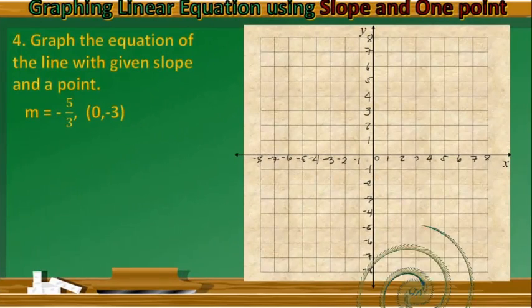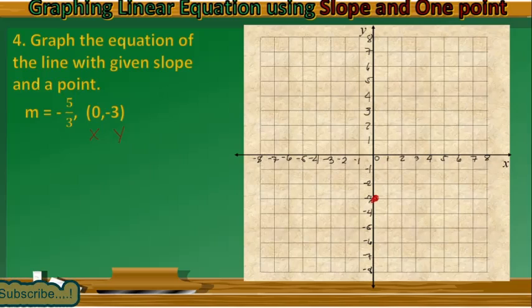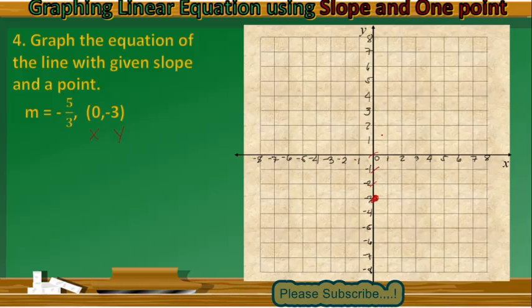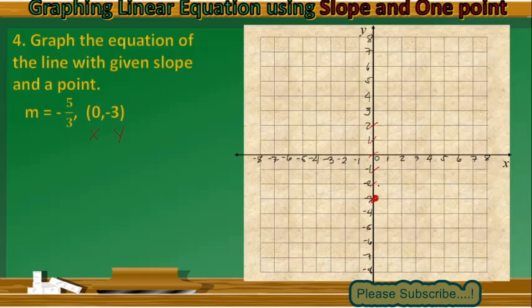Okay, last one. Graph the equation of the line with given slope and a point: m equals -5/3 and a point (0, -3). This is our x, this is our y. So (0, -3) is the first point. Then the rise is 5, so we'll count 5 steps: 1, 2, 3, 4, 5.